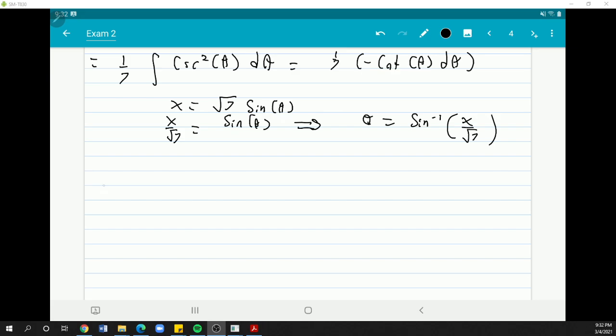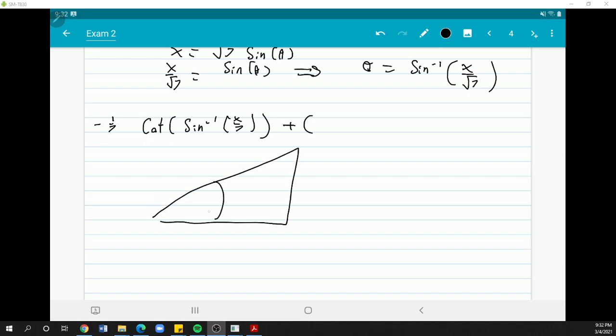So we have this equal to 1 over 7 with a minus sign in front, cotangent, and then theta is sine inverse of x over root 7. And then let's add the plus C so we don't forget.